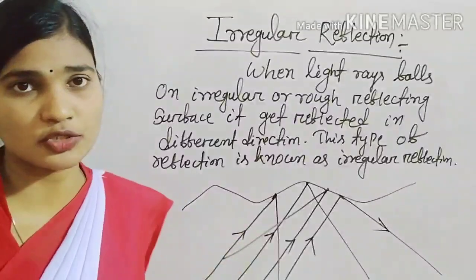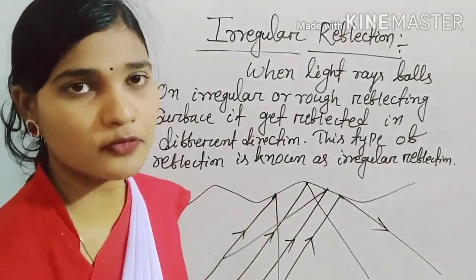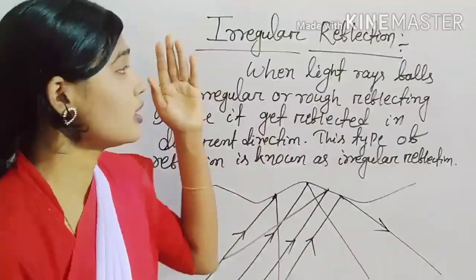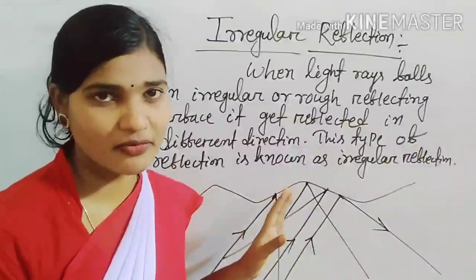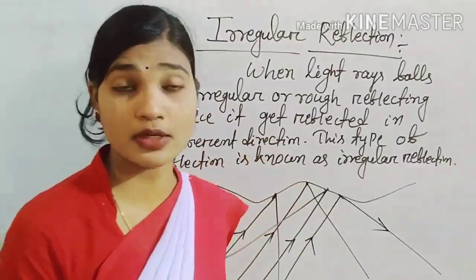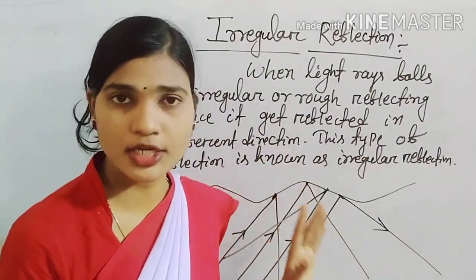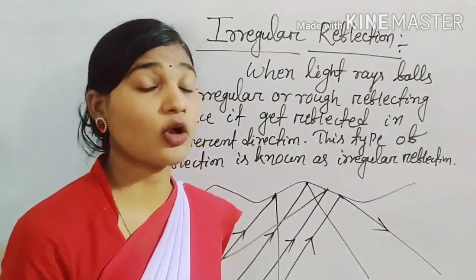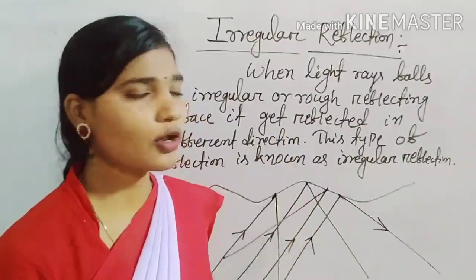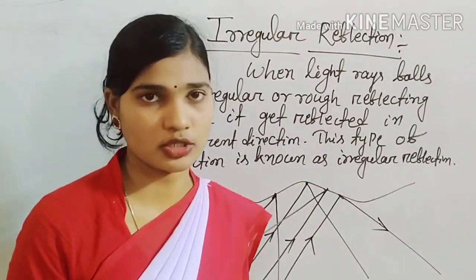This type of reflection is known as irregular or diffuse reflection. In this type of reflection, the image formed is not sharp and clear, but in case of regular reflection, the image formed is clear and sharp. Reflection of light from a wall, a paper, or any other common object is irregular or diffused reflection.